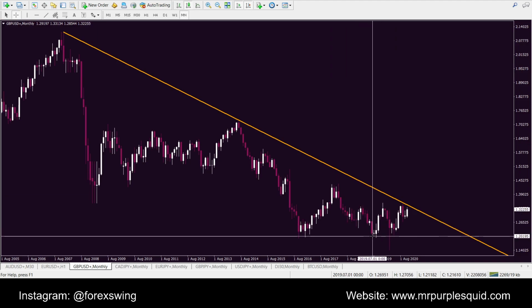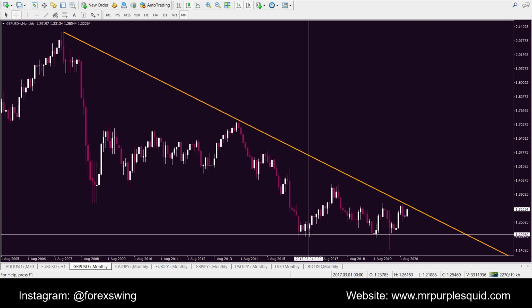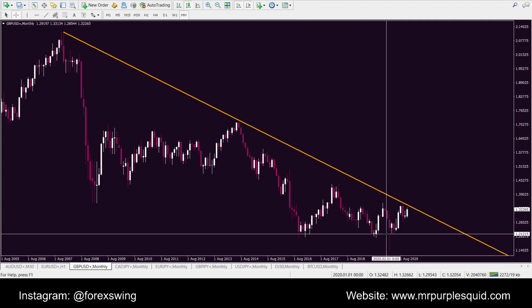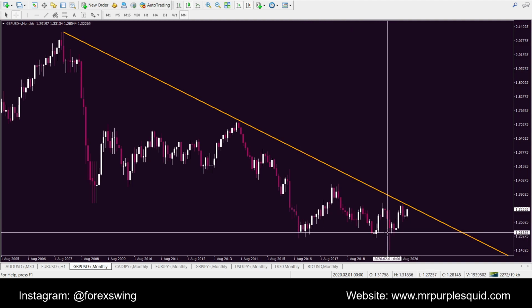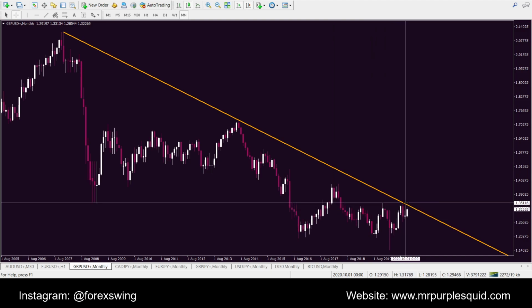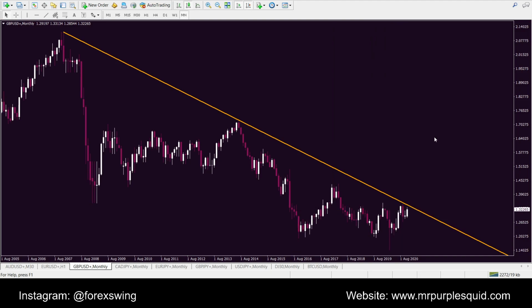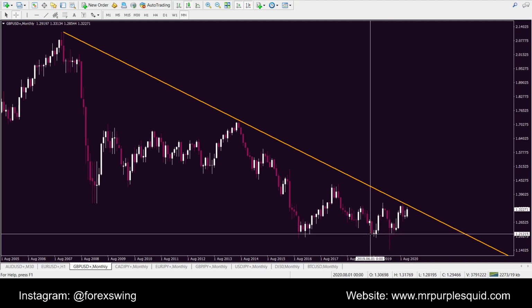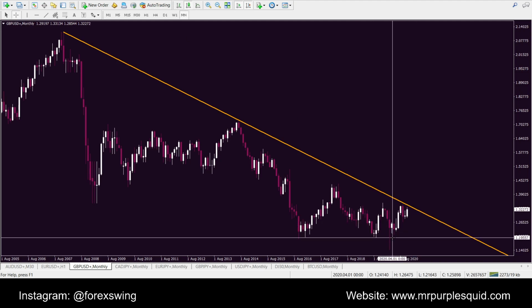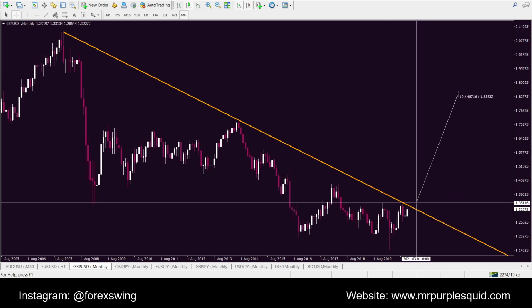So we have support with this huge rejection candle right here. So if I get a break above here, definitely I'm going to buy. And this is basically the lowest the market has ever been. So why not? Definitely buy.